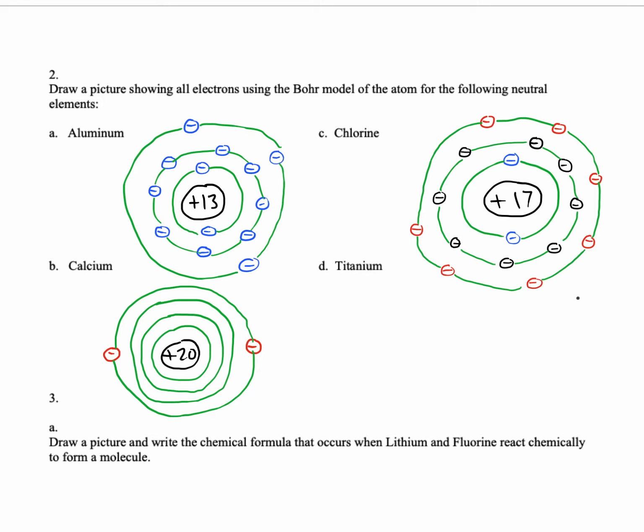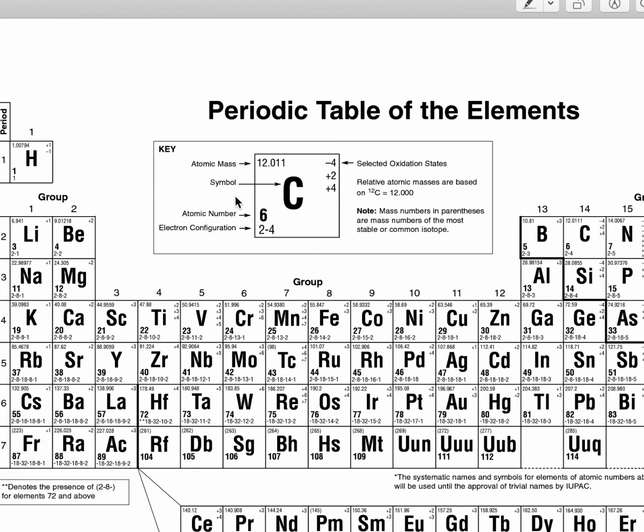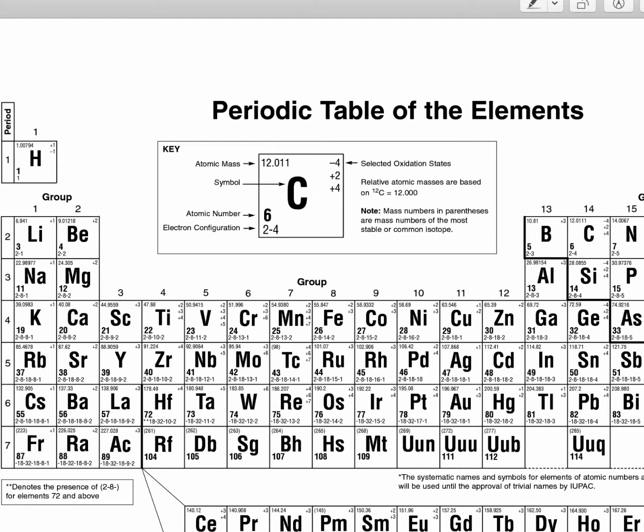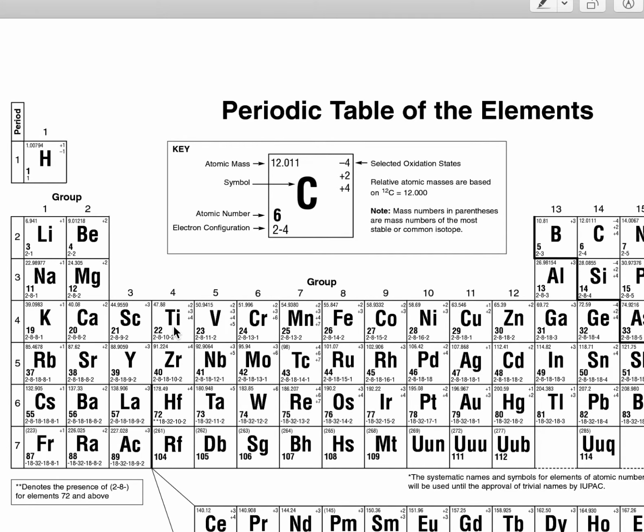All right, so when it comes to titanium here, titanium is found in a special region called the transition metals, and things get substantially more complicated when we get to that region. So for all the way up to calcium, things are fairly straightforward.